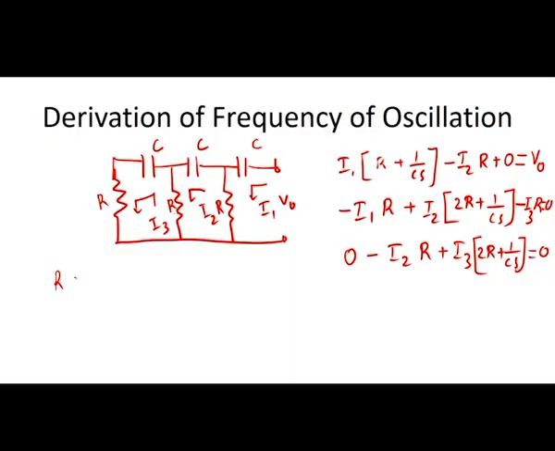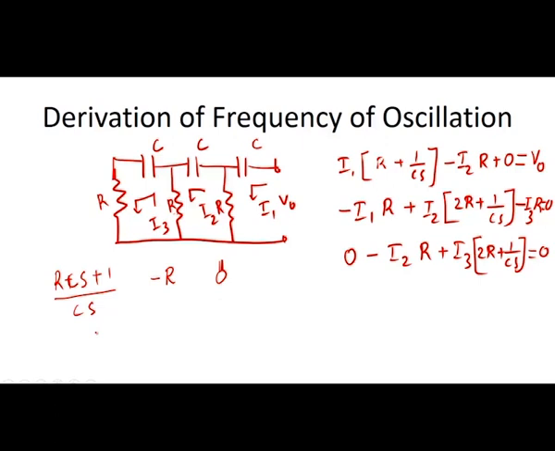Now, there are 3 equations. From this you have to write the matrix, and by using the matrix method we are going to find out the current I3. So, this is the coefficient of I1, or I am taking LCM, RCs plus 1 by Cs, and the coefficient of I2 is minus R, I3 is 0.